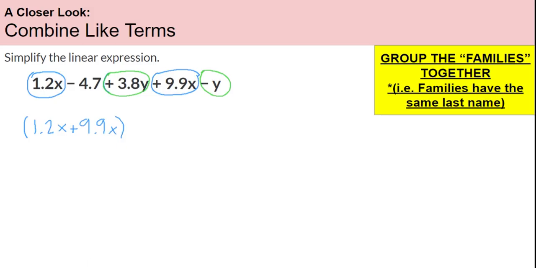And then I'm going to add, so I put an addition sign between my grouping symbols, 3.8y minus y. Close that. And then I have a negative 4.7. So I'm going to subtract 4.7. Or you could have written plus negative 4.7, but I'm just going to leave it as subtraction there.